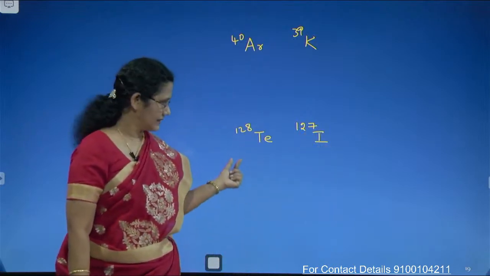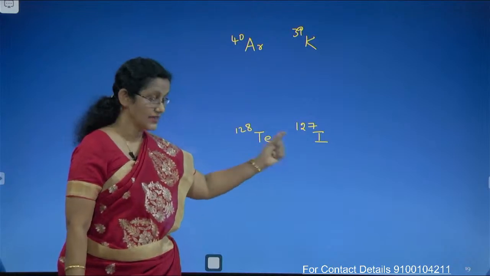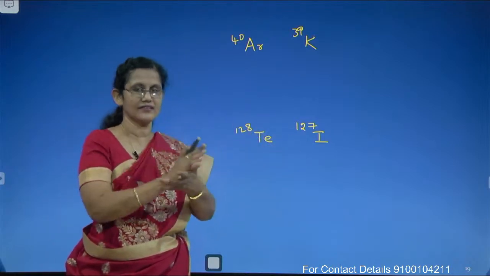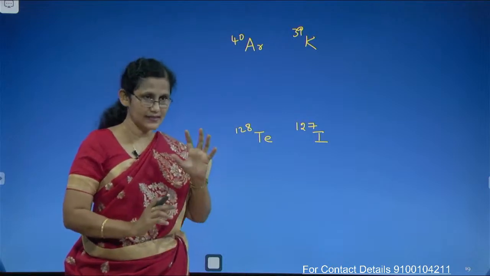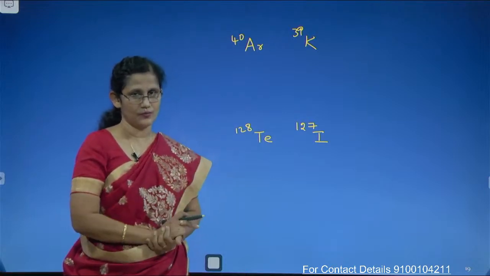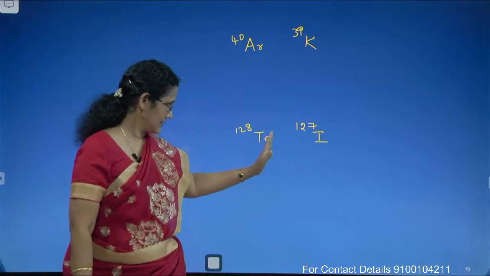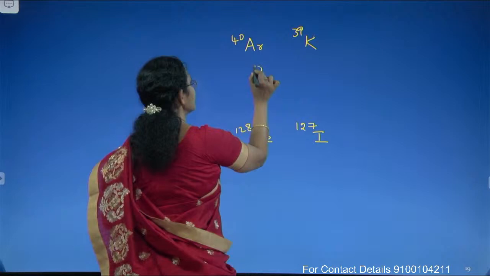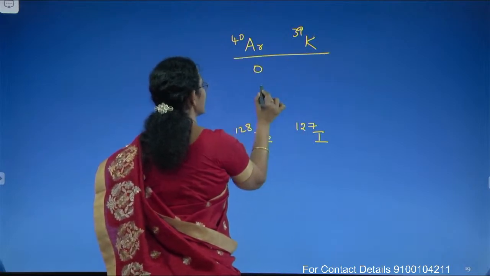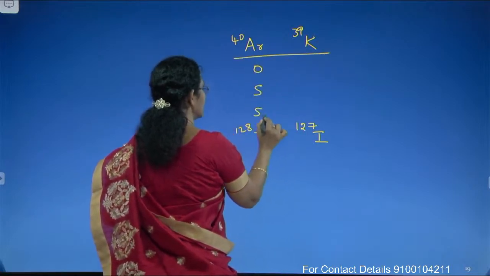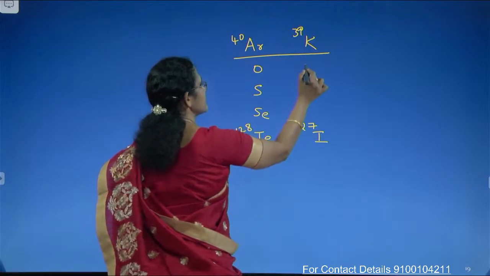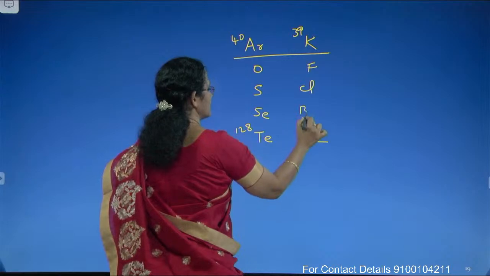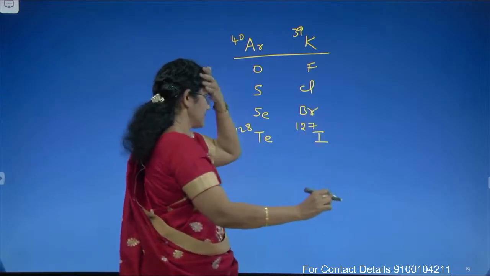There is a decrease in atomic weight instead of increase, but he did not correct this one because he considered the properties also. Tellurium resembles oxygen family elements: oxygen, sulfur, selenium, tellurium. Similarly, fluorine, chlorine, bromine, iodine.